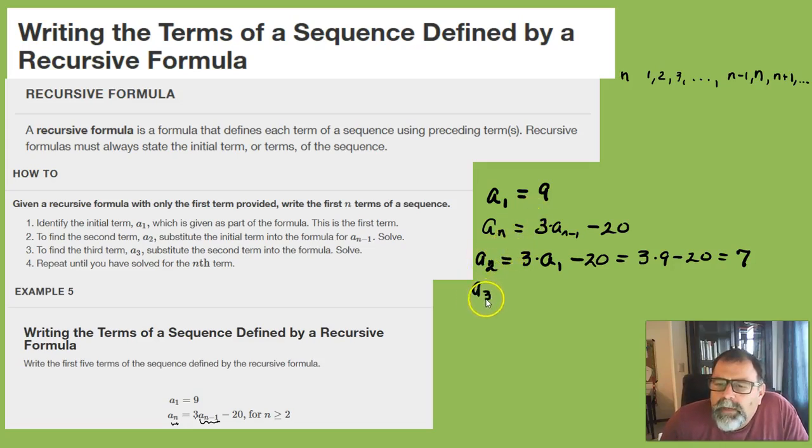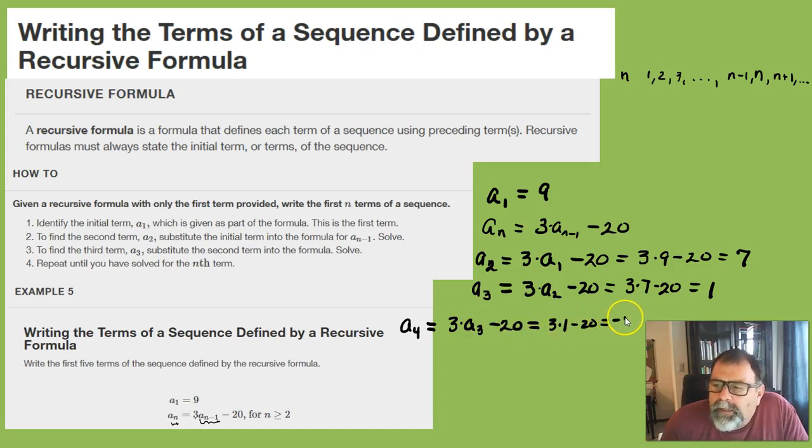Okay, a sub 3 would be 3 times a sub 2 minus 20. A sub 2 is 7, which is 21 minus 20, which is 1. A sub 4, let me write a sub 4 over here. A sub 4 would be 3 times a sub 3 minus 20, which equals 3 times 1 minus 20, which is negative 17.